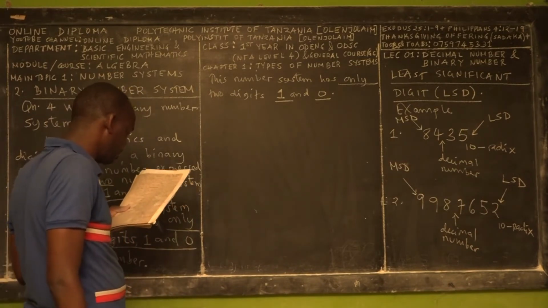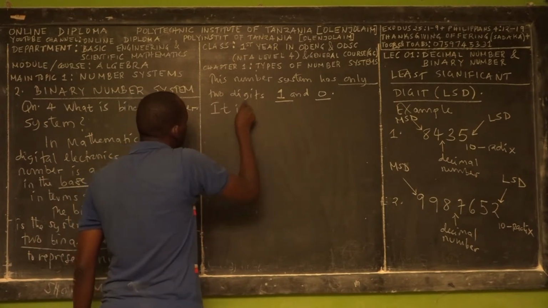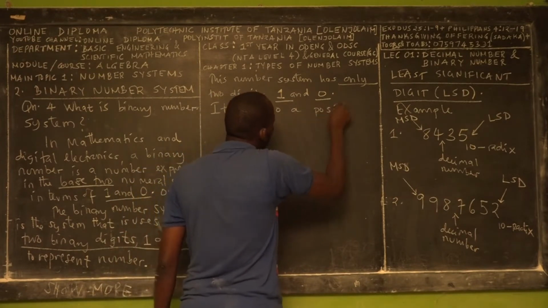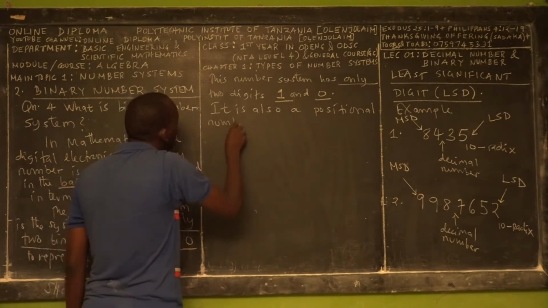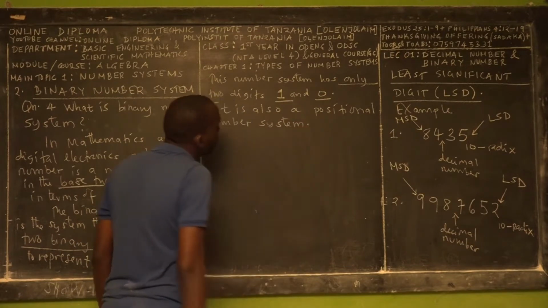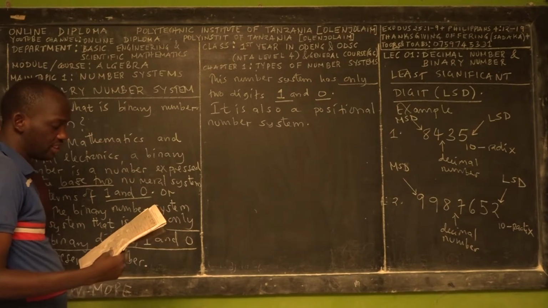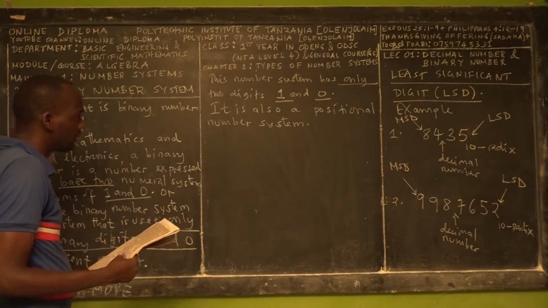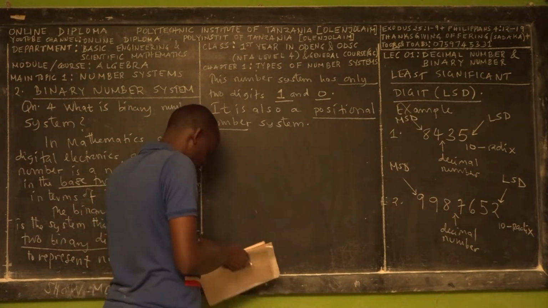It is also a positional number system. So it means that the value of each digit depends on the position that the digit occupies.